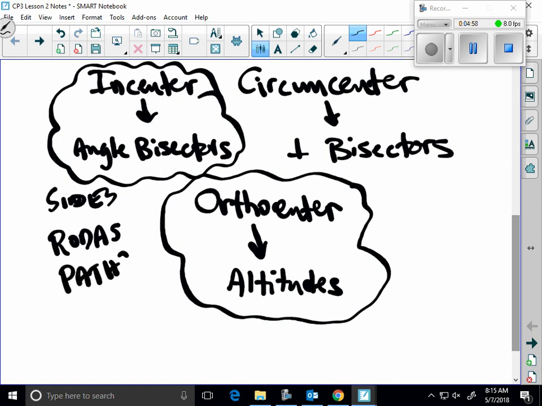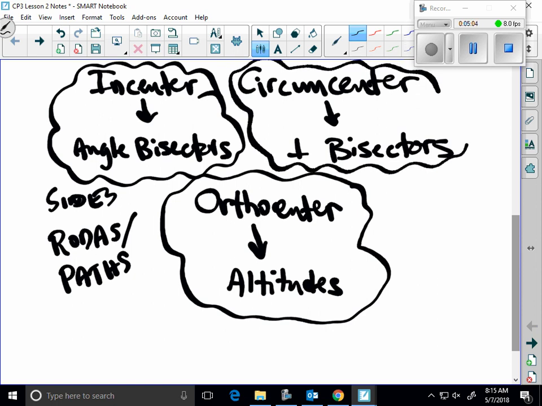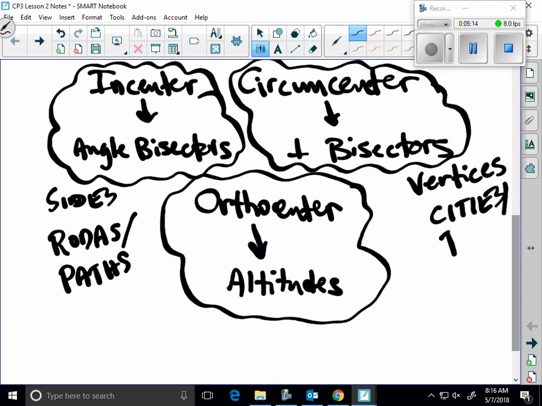Or paths, right? And then over here, the circumcenter was equidistant from the three vertices. We said cities or towns, or locations. We talked about high schools. We said, let's put a medical facility between our high school and two other high schools.